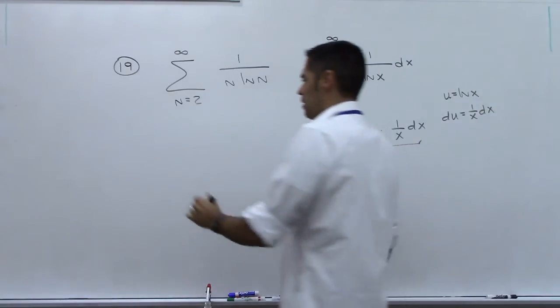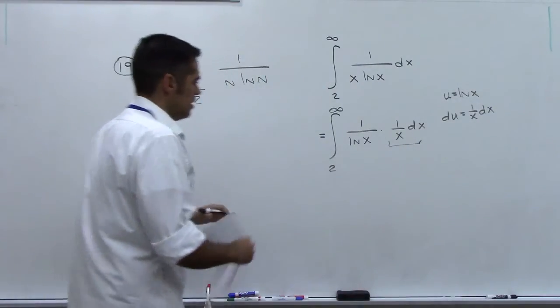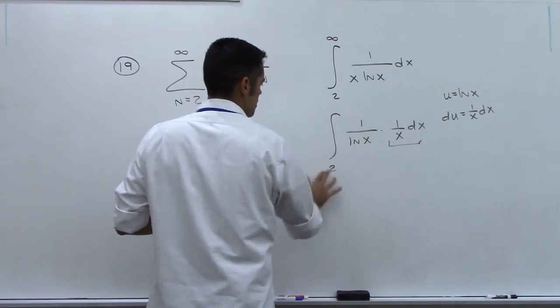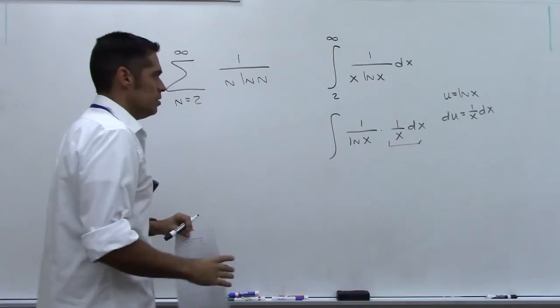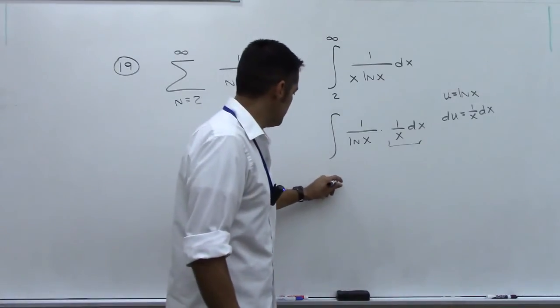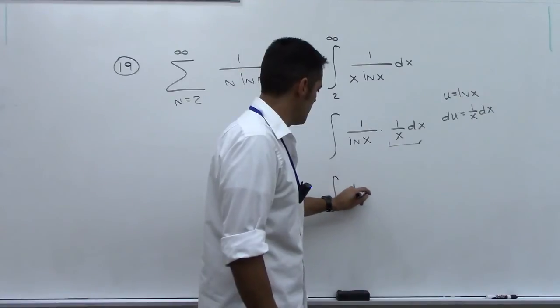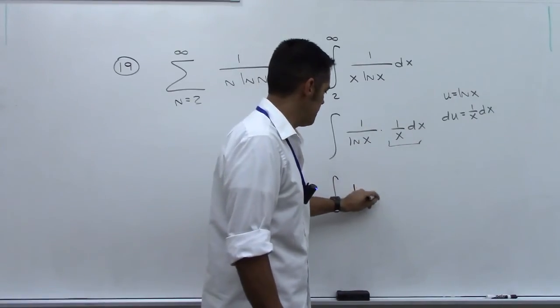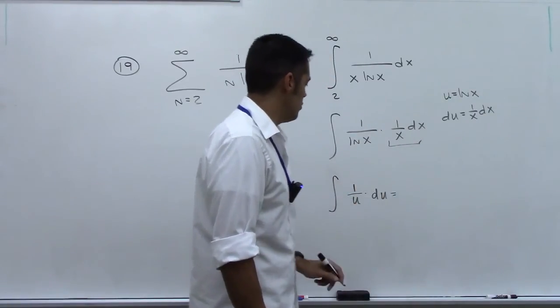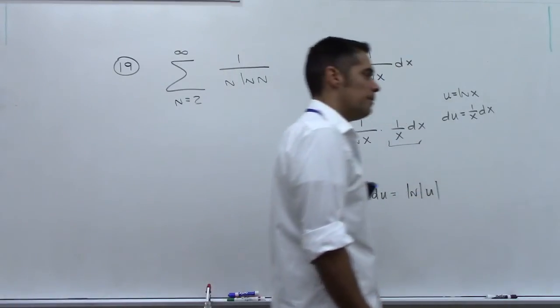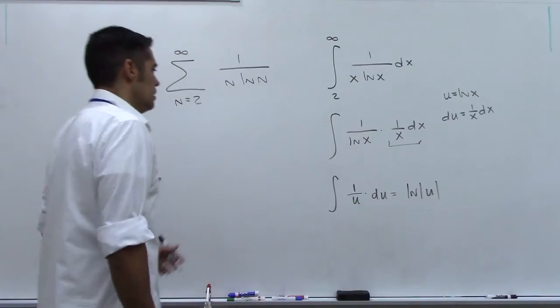So this integral becomes, actually, you know what? Let me do the indefinite integral first, because I'm going to switch it to u. So this integral becomes the integral of 1 over u du, and the antiderivative of 1 over u du is natural log of the absolute value of u, plus a constant.